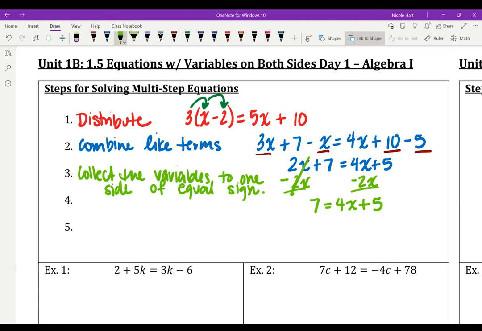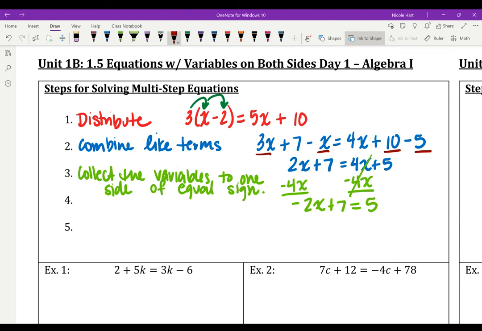Or, and you can leave this if you like this, or what you can do is you can subtract the 4x. 2x minus 4x gives us a negative 2x plus 7 equals, the 4x's cancel, and you're left with 5. So either way works. It's completely up to you.